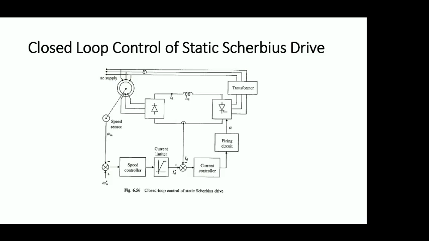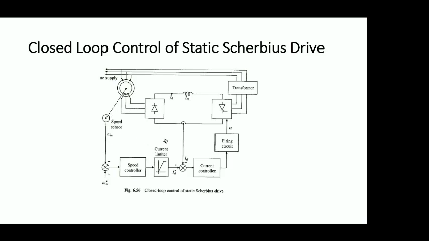Like if you have 1000 counts per rotation, then when 1000 is counted, it is taken as one rotation. If you want to calculate the rpm, the time taken for that one rotation gives the speed. From that information you can calculate the speed omega m.